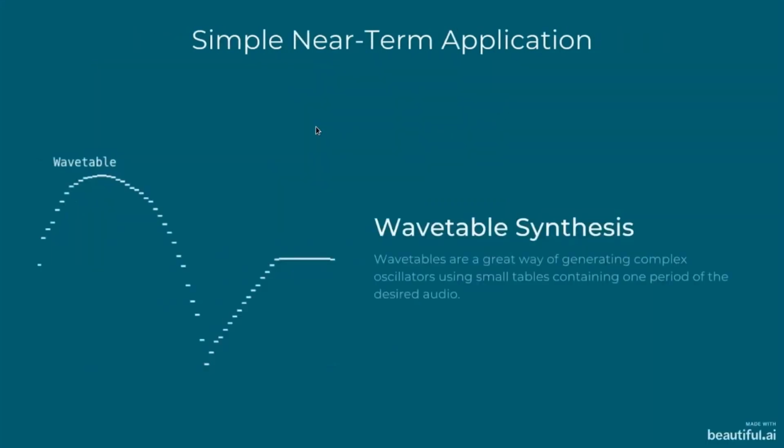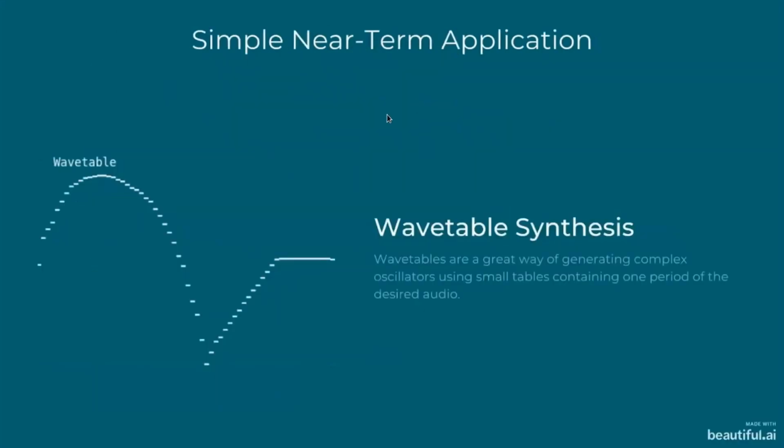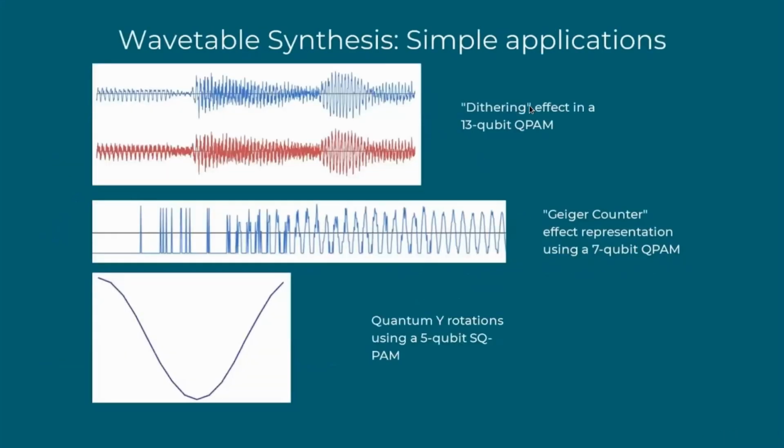I had maybe some examples that I could show you. For example, you can have one period of an oscillator and then you encode this into your quantum machine, as a QPen, for example. And then when you retrieve it, you don't retrieve exactly the same audio. It's not a perfect reconstruction.